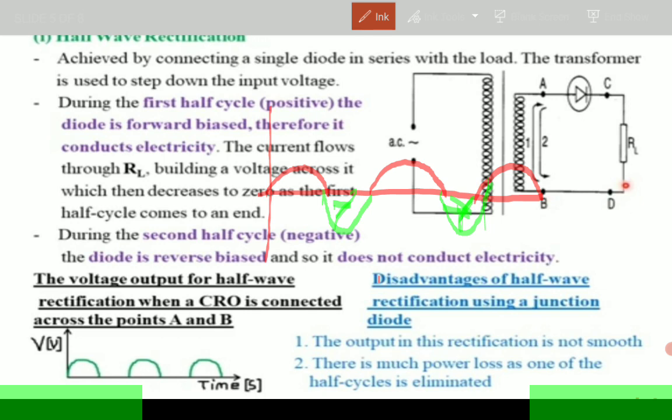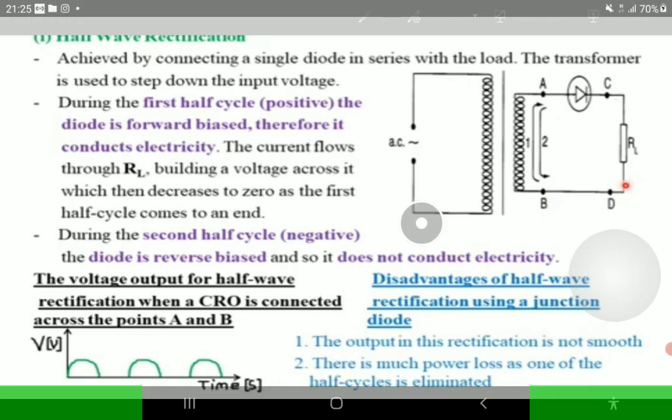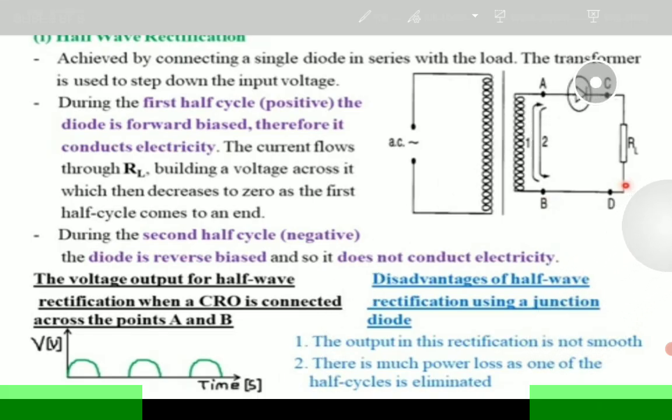So once again, in an exam, they may ask you to explain half-wave rectification. Please don't forget to say these points, and if they have asked you for a diagram, indicate very well the diagram that we have here, which is basically a transformer connected to a diode and then connected to a load.